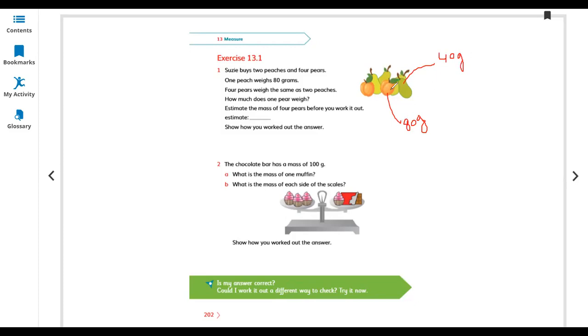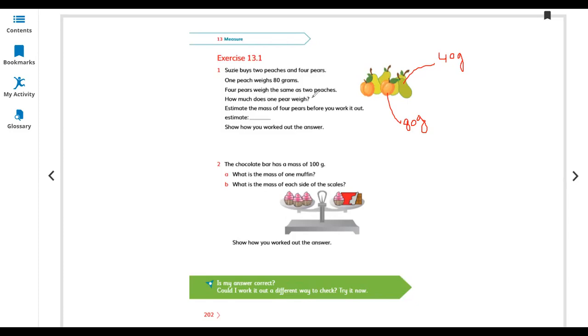So if 1 peach weighs 80 gram, so 2 pears equal 80 gram. So 1 pear equals what? 40 gram. Because 2 pears equal 1 peach. So how much does 1 pear weigh?